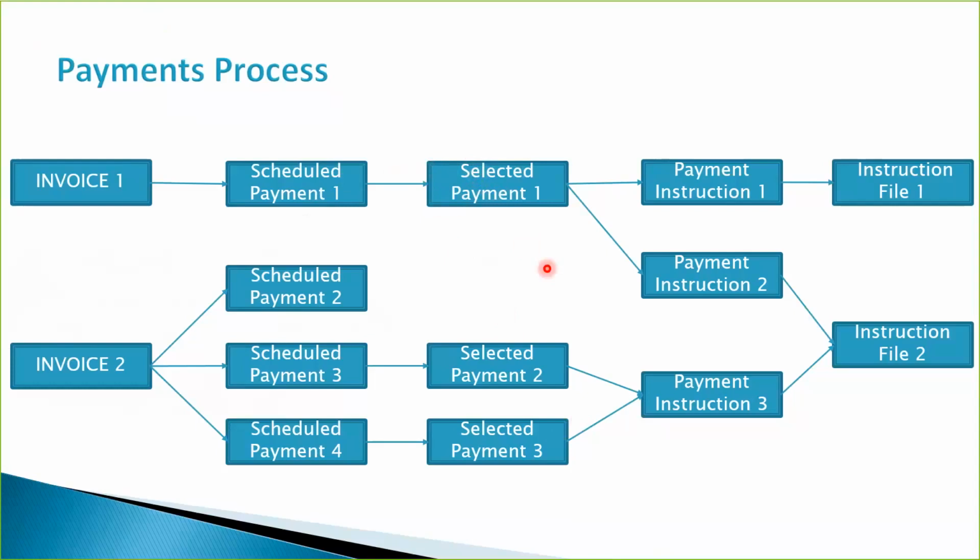Based on those criteria, we will have payments which will be selected and others which won't be selected. So for instance, in this example, scheduled payment 2 did not meet the criteria, so it was not selected. Scheduled payment 1, 3, and 4 were selected, and they became selected payment 1, 2, and 3. Right?